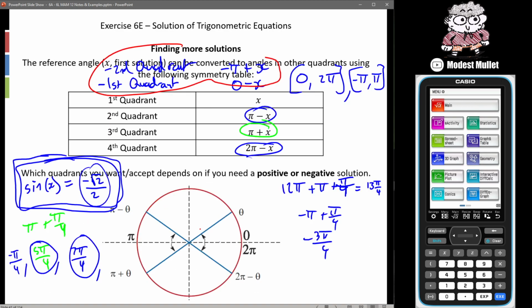So I go back to this diagram. That was my first angle there. That gave me the required one. I also needed, if I was down in here, if I went this way, that would work. Or if I went all the way around that way, that would work. So if I went all the way around to 2 pi and come back, that's my 4th quadrant symmetrical one.